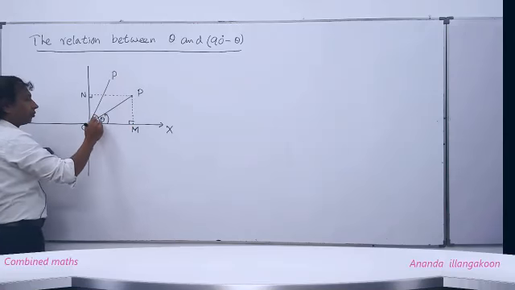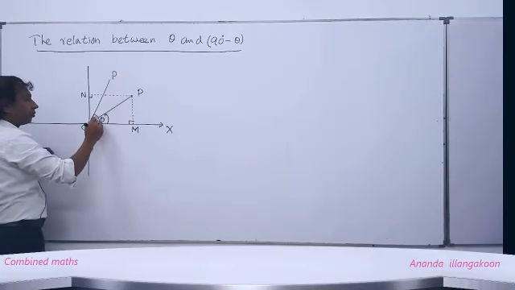The whole angle is 90. Now to make 90 minus theta, in order for this to be 90 minus theta, definitely, people, this angle must be theta. The whole thing is 90. If this is theta, then, people, this is 90 minus theta. This is the angle 90 minus theta.